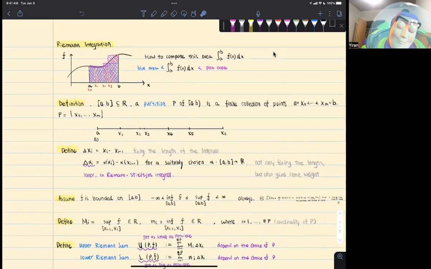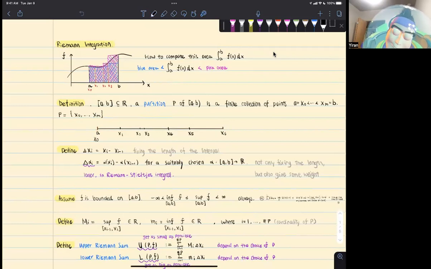Okay, let's talk about the definition. This is a partition. Notice that a partition is a collection of points, a set of points. The order doesn't really matter, but x0 is always equal to a, and the last point xm is always equal to b.